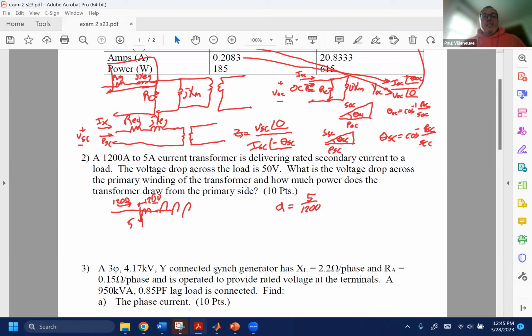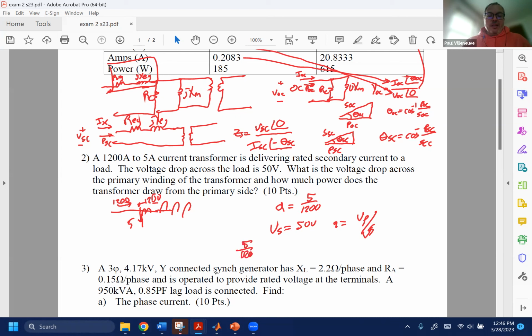That's why it's asking the question: the voltage drop across the load is 50 volts. So the load, which is on the secondary, is equal to 50 volts, and my turns ratio is primary to secondary like that.